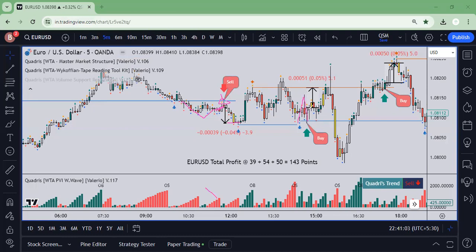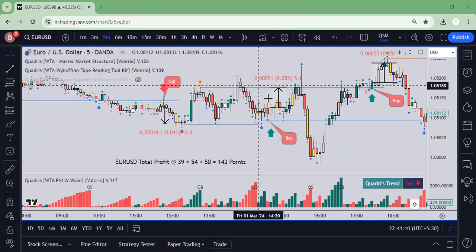Pullback. This is my entry bar. Zoom in. So this is my entry bar. Initially, my target was above this particular bar, and the second target was this one, and both the targets were achieved.